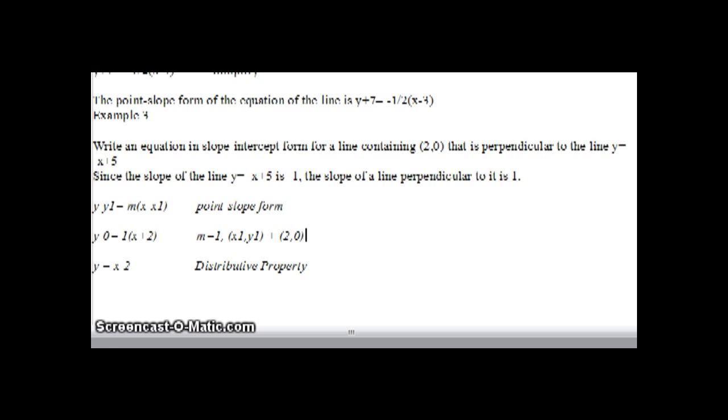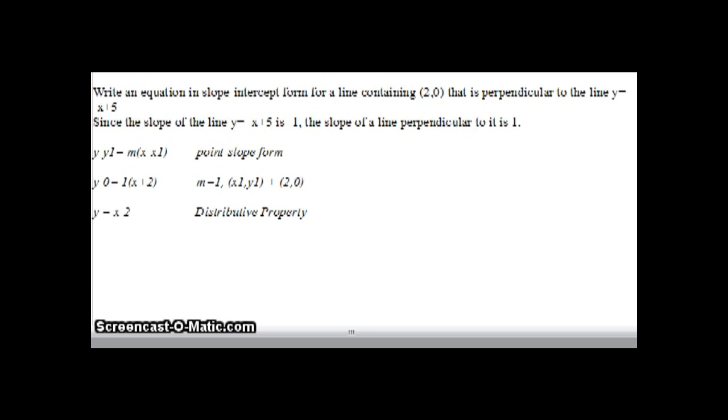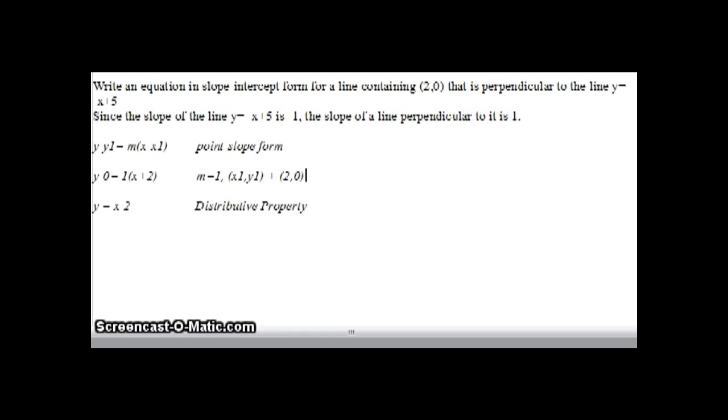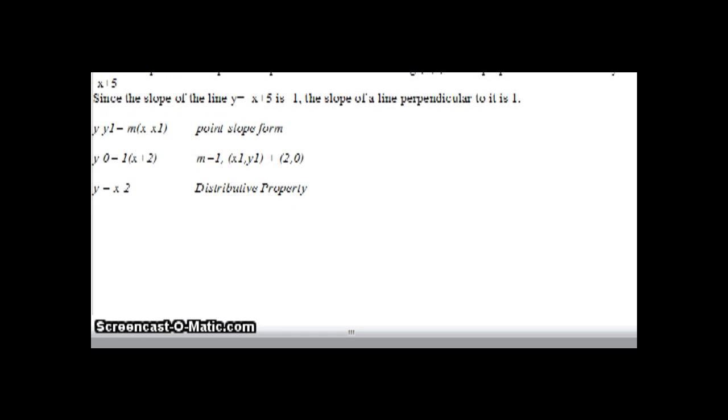Y minus y1 equals m times (x minus x1). That's point-slope form. Y minus 0 equals 1 times (x minus 2), where m equals 1 and (x1, y1) equals (2, 0). Y equals x minus 2, using the distributive property.